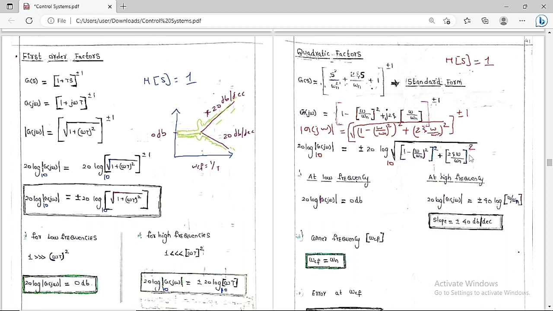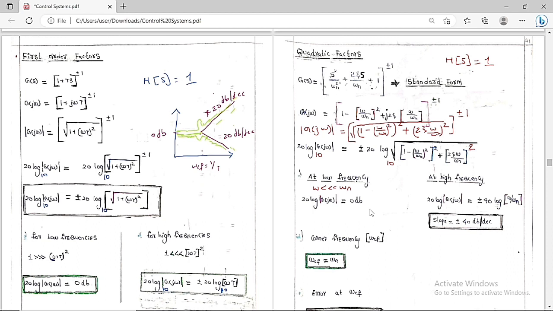Then I want to do some approximation. So basically at low frequencies, what is going to happen? At low frequencies this value is always equal to 0 dB. Low frequencies means whenever omega is very much lesser than the natural frequency omega n.